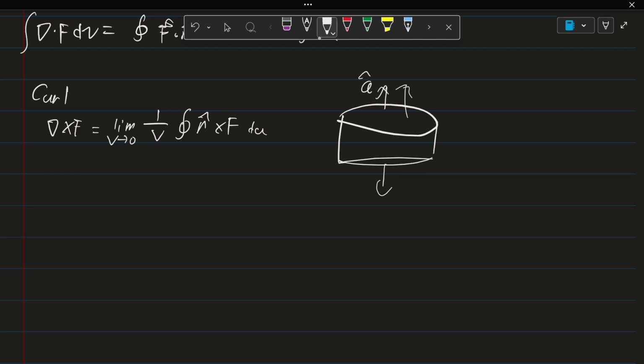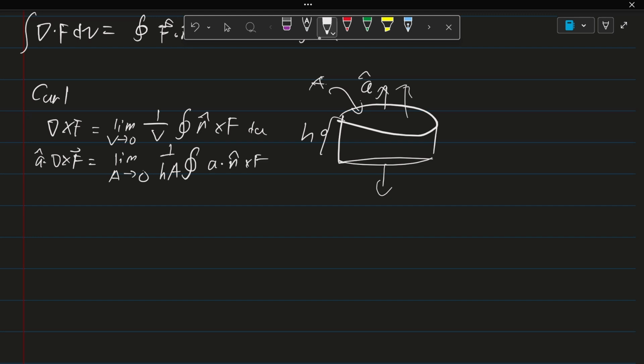So if we try to figure out what is the curl in this A direction, this would be the limit as the area goes to 0, in which this is the area that we're interested in, of this height here, which we'll call h. So it's 1 over h times A of the contour integral of A dot n hat cross F.